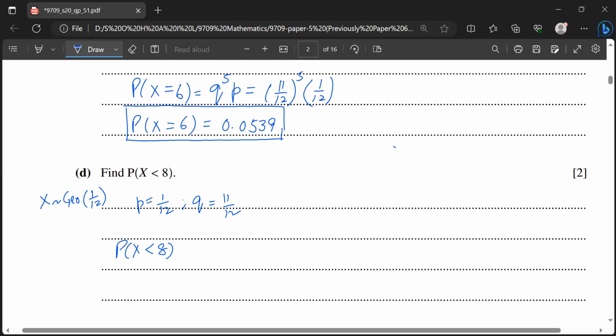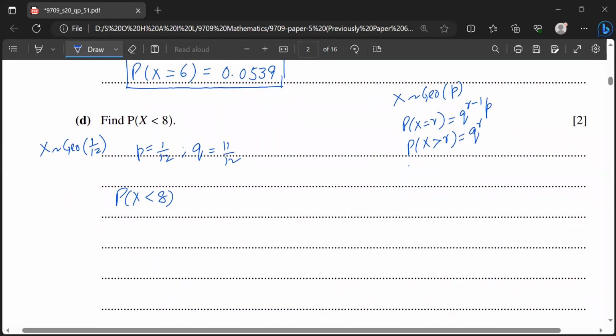If we have a geometric distribution with P the probability of success and Q the failure, then probability of X equals R is Q to the R minus 1 times P. Probability of X greater than R is simply Q to the R. And probability of X less than or equal to R is 1 minus Q raised to the power R. These are the formulas for the geometric distribution. The last formula is for less than or equal to R, but here we have just less than.